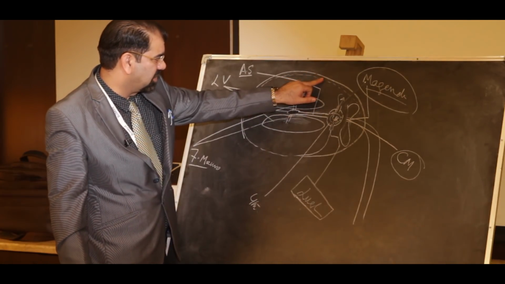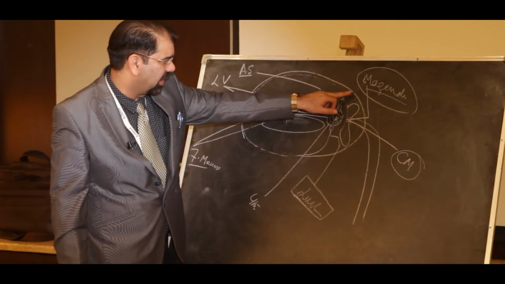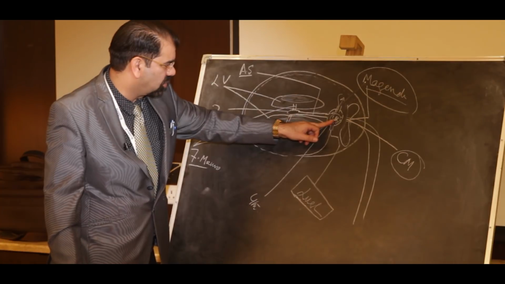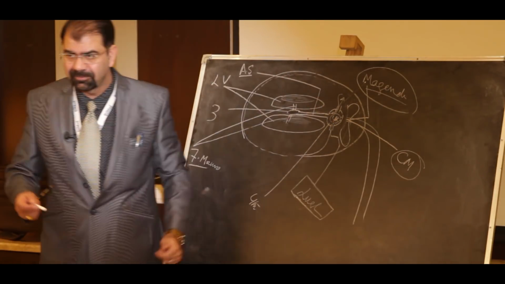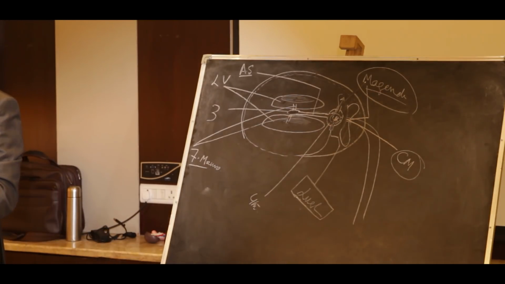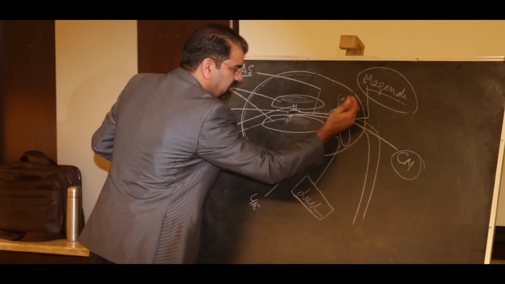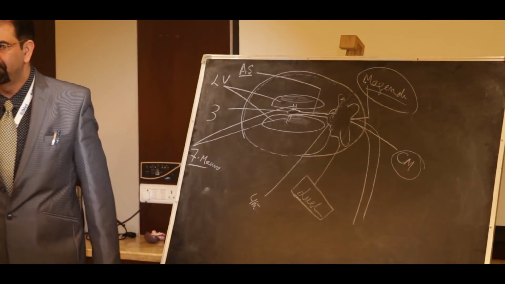If due to any reason this fluid which is produced here will not make its way through the foramina to drain into the fourth ventricle, it will get pooled up here. And this cisterna magna will be deep. I will be having a deep cisterna magna.